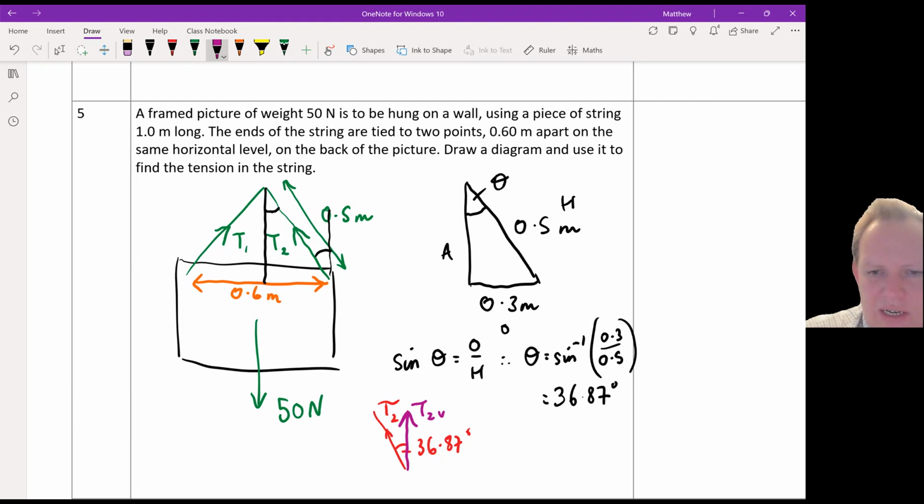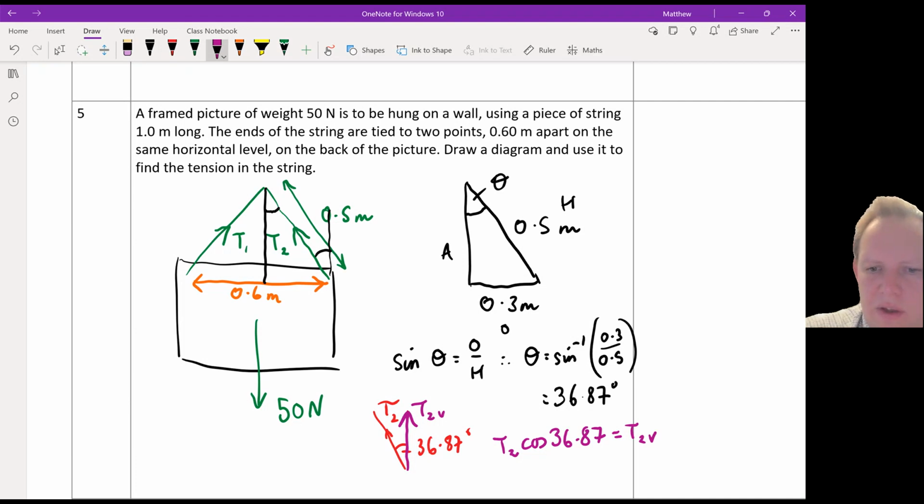This I can see is on the adjacent side of the triangle. So from this side, I'm going to get a force of T2 times the cos of 36.87 as the size of the T2 vertical component.